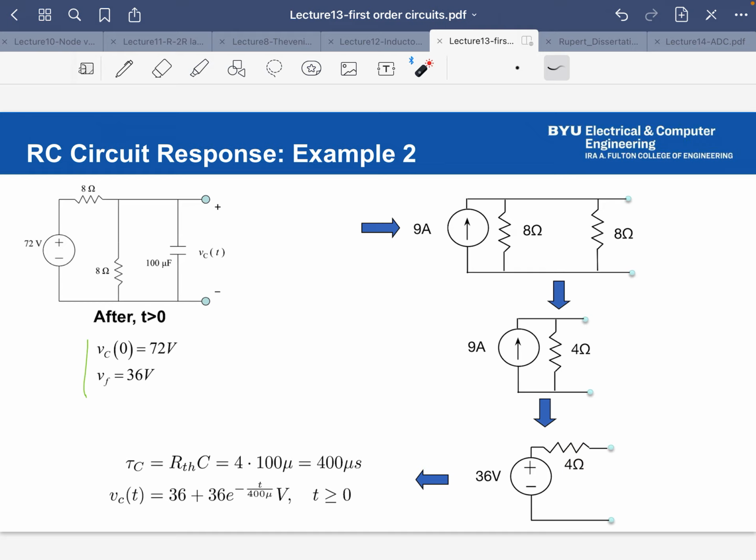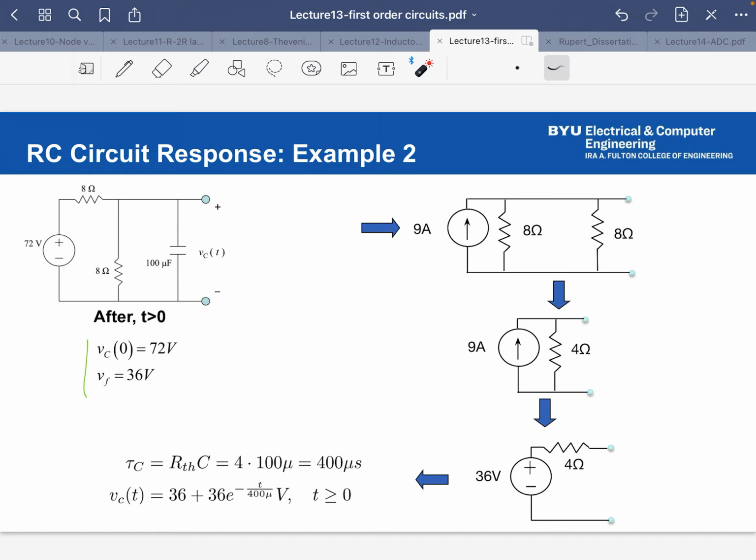Another way is to set this voltage source to 0, so it's like a wire. Now looking in, we have an 8 ohm resistor in parallel with an 8 ohm resistor. That gives us 4 ohms. So our Thevenin resistance is 4.